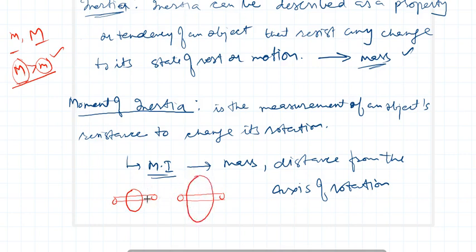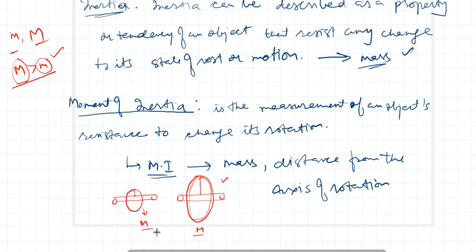Then the mass of these two wheels is the same, its mass is also m and its mass is also m, but its mass is concentrated over here. That means it is at a larger distance and this one is at a smaller distance. Then this must have a large moment of inertia as compared to this, right? That's the meaning of it.